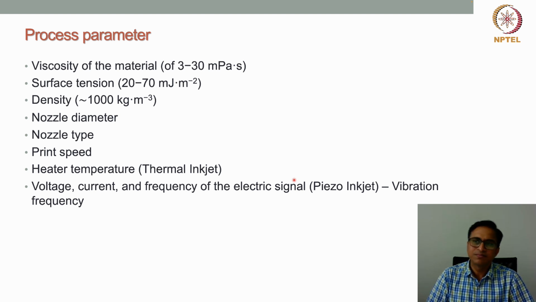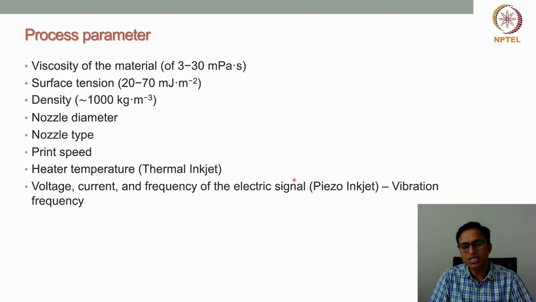The one important thing to remember for using any 3D printer or any 3D bioprinter is that they work on certain process parameters. There are certain process parameters that we can control while using this kind of printers for certain applications. These are the process parameters for inkjet 3D printing, like viscosity of the material.